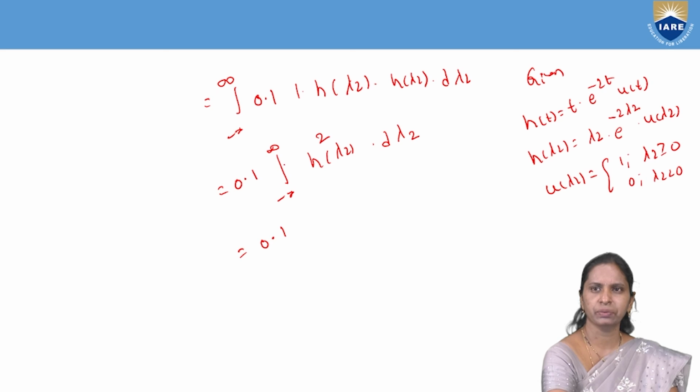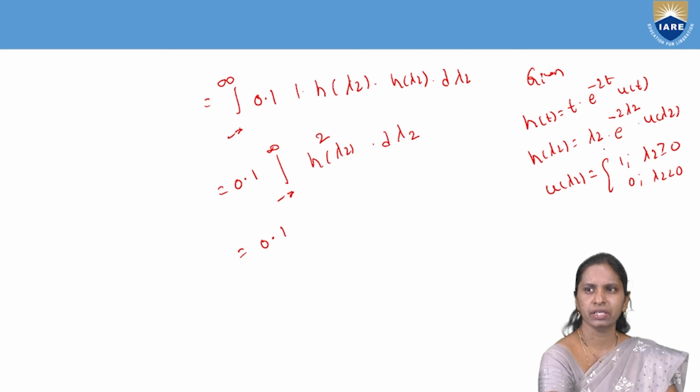Therefore, I can split minus infinity into minus infinity to 0 and 0 to infinity. When lambda 2 is from minus infinity to 0, the value is 0. When lambda 2 is from 0 to infinity, the value of u of lambda 2 is 1.